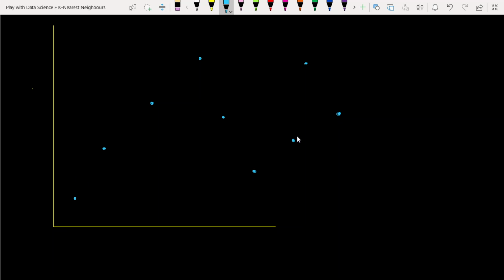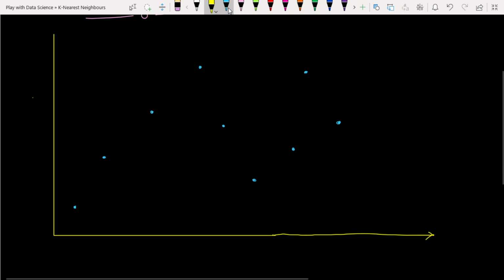Suppose this is our sample of data points spreading over the whole 2D plane. We have also labeled the points: this is the first point, the second, the third, the fourth, the fifth, the sixth, and so on.